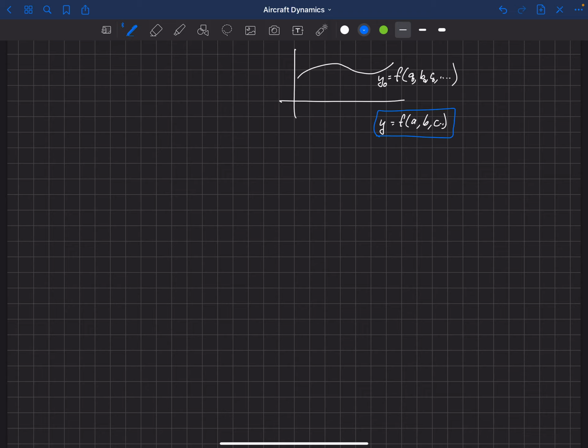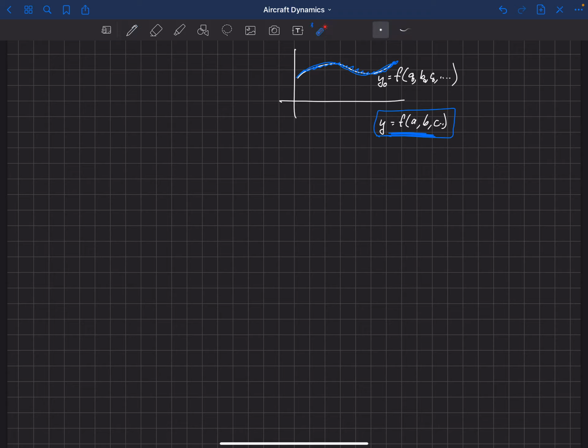Well, when we plug in a, b, c, or d, or whatever, we're going to get some perturbation relative to this known solution. Okay, so some deviation relative to that, and hopefully it's going to be close though to the known solution. And so we can actually use this method of small disturbances to linearize the solution and estimate what the exact solution would be as just a deviation basically from a known solution.